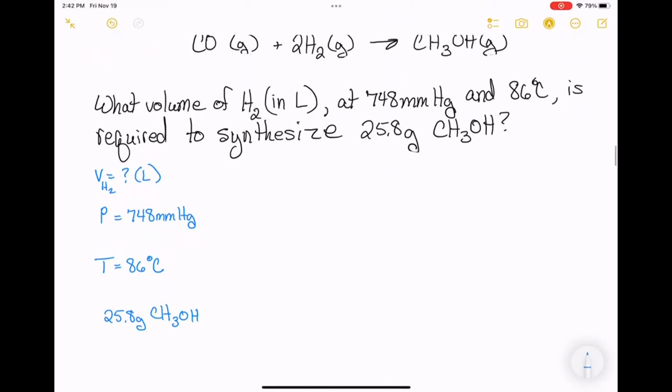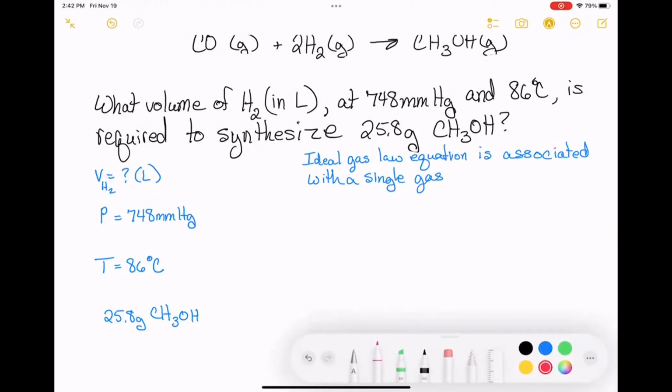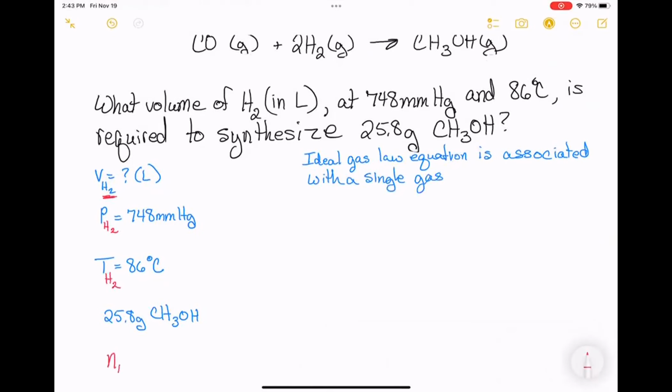Now, one thing to note is that the ideal gas law equation is associated with a single gas. It's important to know that because if I want the information on hydrogen, then I need the pressure of the hydrogen. I need the temperature of the hydrogen. I need the moles of the hydrogen.